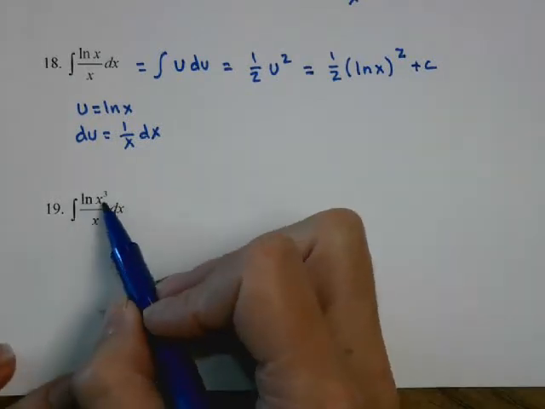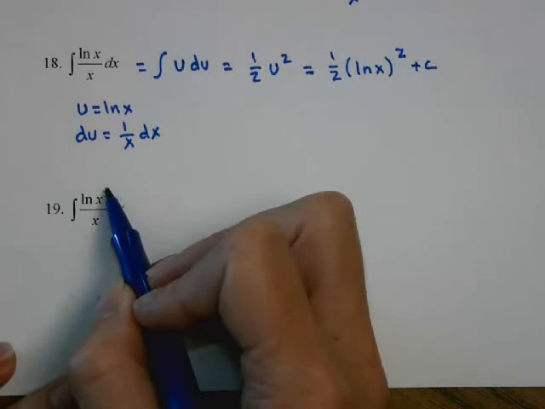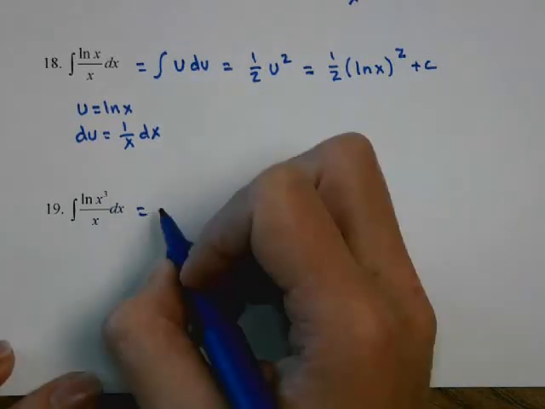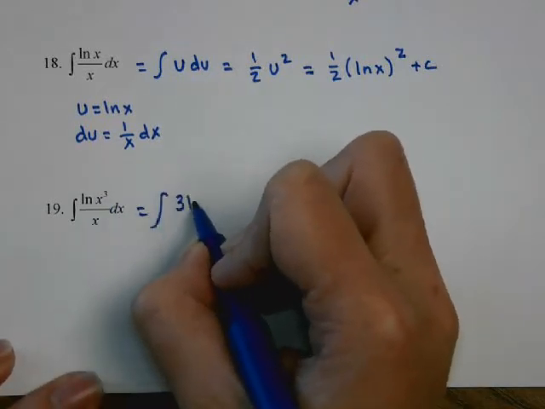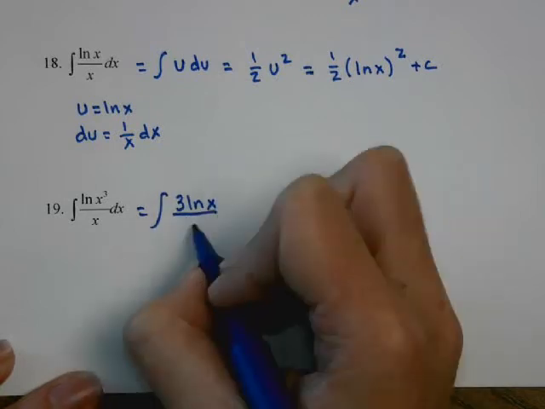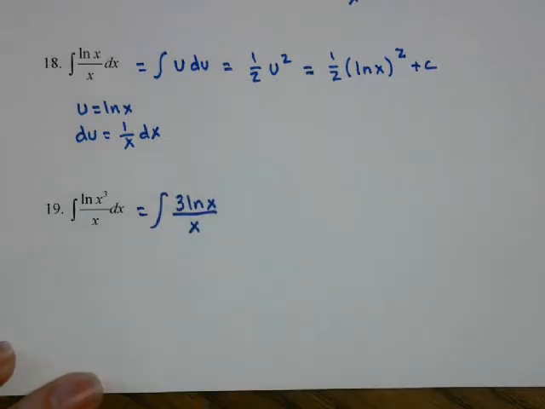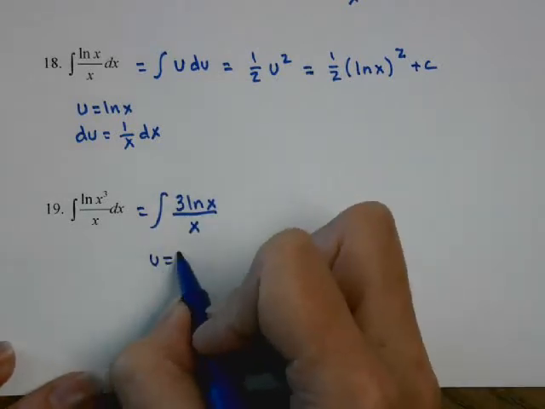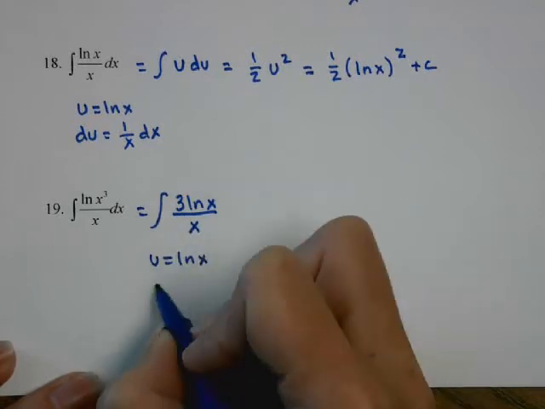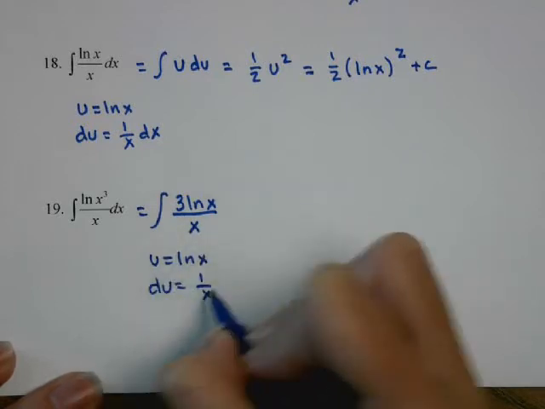Okay, we've got the integral of natural log of x cubed. So when you see this log and you've got a power, we want to use the power rule because it's just going to make our lives easier. So again, we're going to let u equal natural log of x, which again means du is 1 over x.